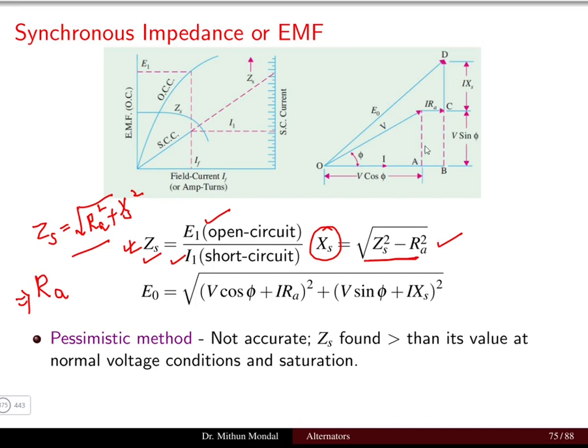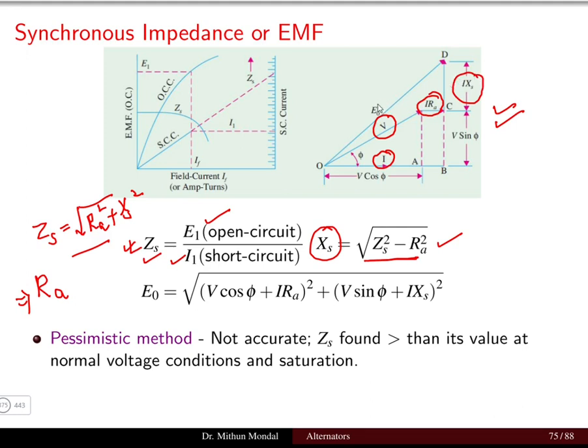Now we can draw the phasor diagram of the voltage, current and the different drops. If we take the current as the reference quantity, then the current is lagging behind the voltage. So this is a lagging power factor condition, where IRA is the drop across the resistance and IXS is the drop across the synchronous reactance.